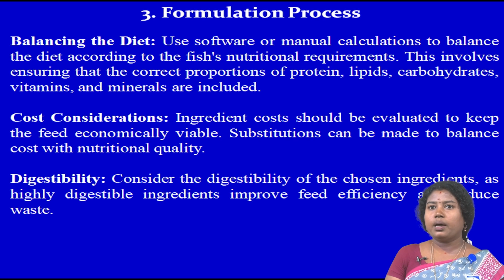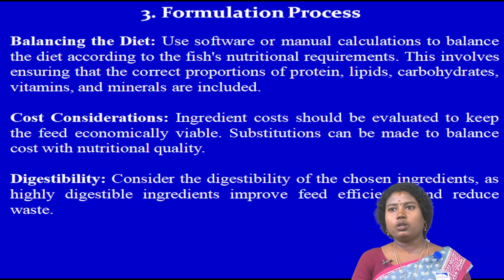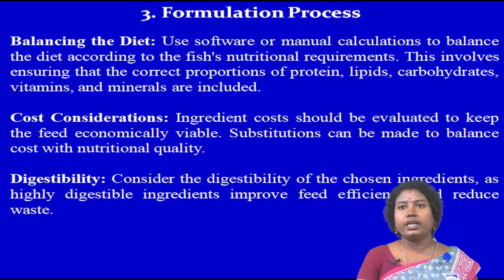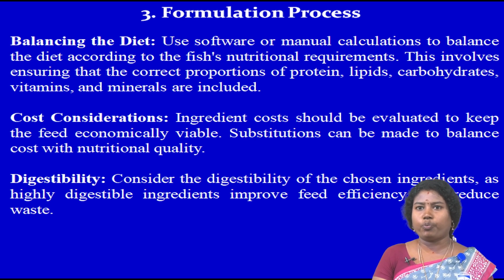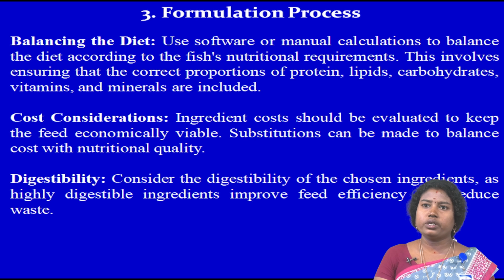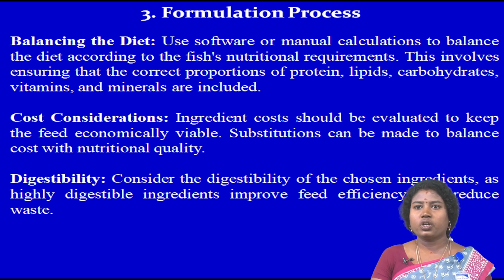Balancing the diet. Use software or manual calculations to balance the diet according to the fish's natural requirements. This involves ensuring that the correct proportions of protein, lipids, carbohydrates, vitamins, and minerals are included. Cost considerations.